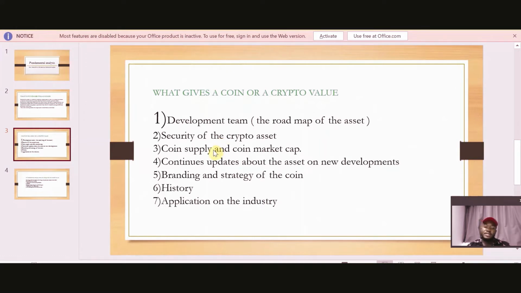But when the supply is lower, the price will increase. This also affects crypto markets. When a coin has a low supply, the price will increase. Also the coin market cap, depending on how valued this coin is, also gives a coin value. How many people are buying this coin, the circulating supply of this coin, and so on.